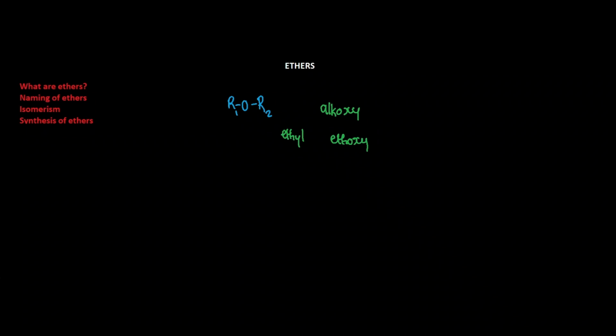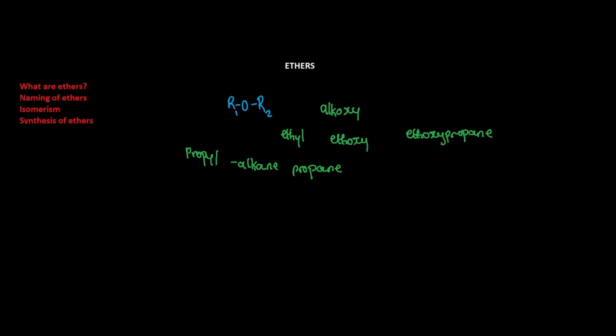Now, if the longer alkyl group in this case is propyl, then we would name the longer alkyl group as an alkane, so it would have the name propane. And we would name this compound ethoxypropane in this way.